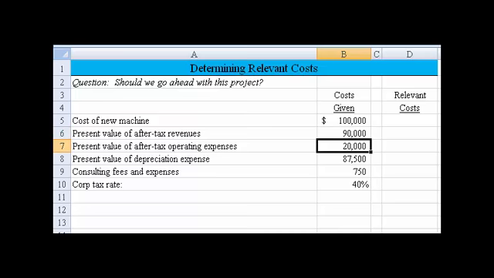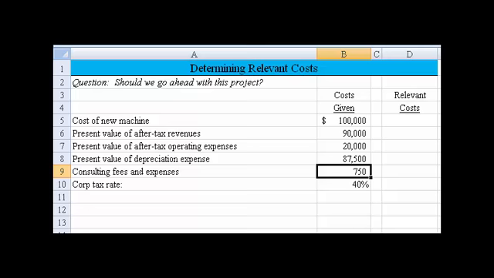Now, we'll also have to incur additional after-tax operating expenses of $20,000, and related to the cost of the new machine, they've given us that the present value of the depreciation expense is $87,500.